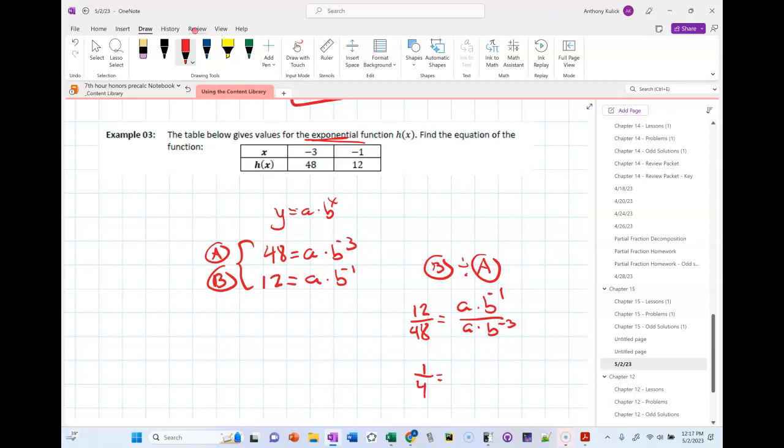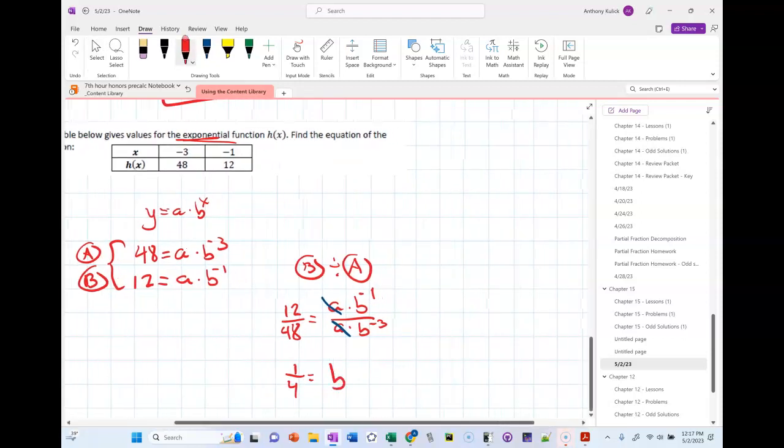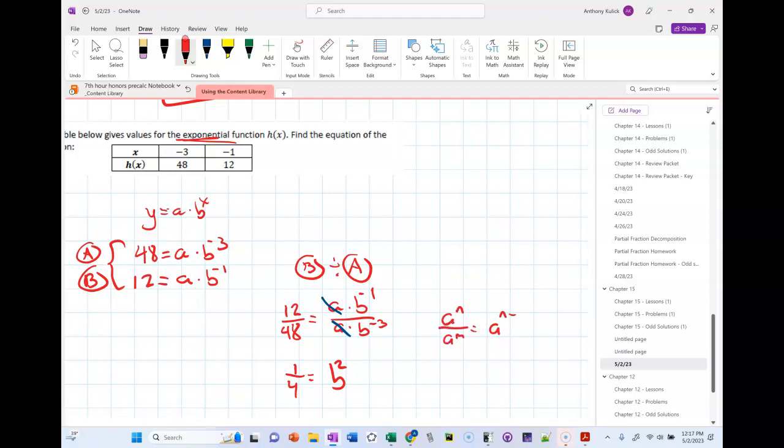The a's cancel out. And then how do I do b to the negative 1 divided by b to the negative 3? You make it b squared. How'd you do that? You bring the 3 out, you make it positive, you add it to negative 1. You subtract the exponents, right? So negative 1 minus a negative 3 is positive 2.